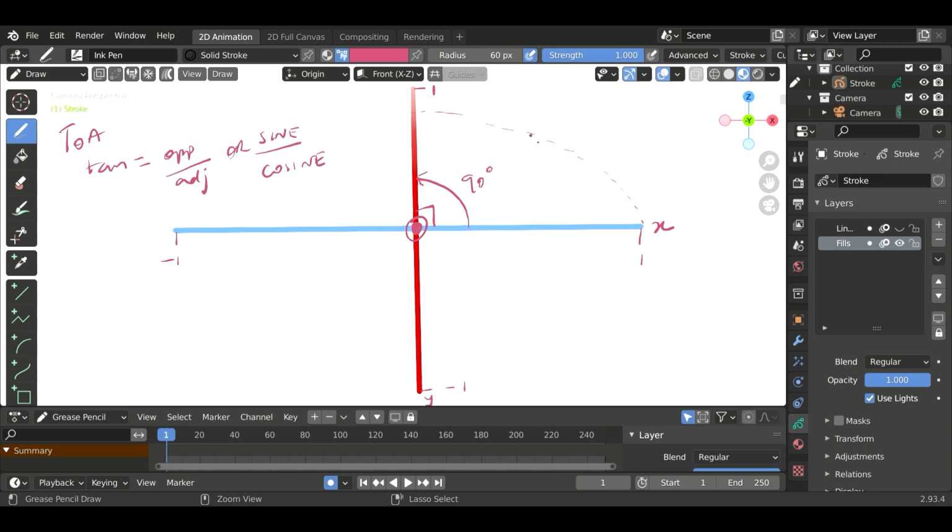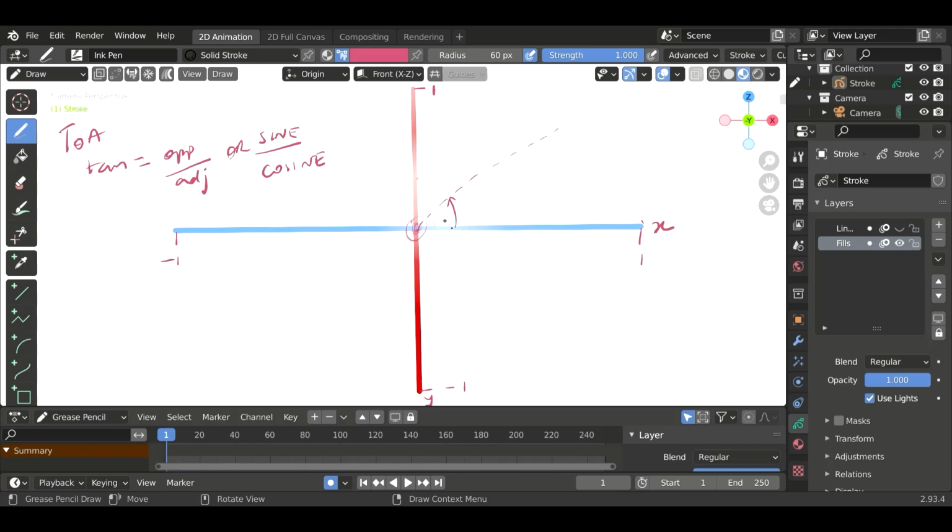Let's say the tan of 60 degrees. This is not to scale, so I can't really tell, and I can't remember what it is offhand.